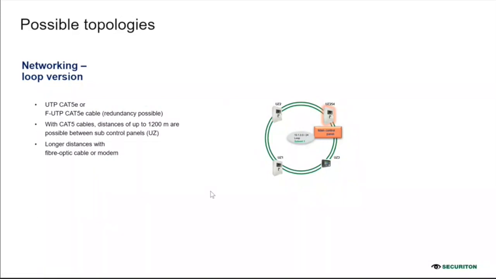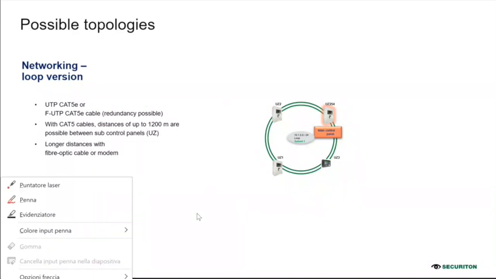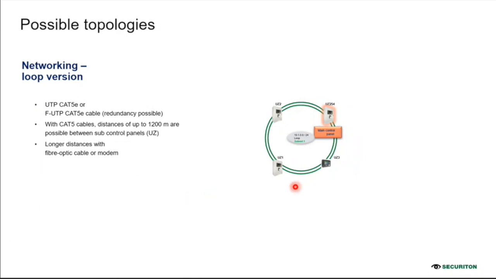As you can see in this picture, we have the main panel here, and here we have the sub panels and the MIC, and we realize this installation. The connection between the panels could be RS485, or it could be fiber optics, multi-mode or single mode, depending on which transceiver you use. We have both available.